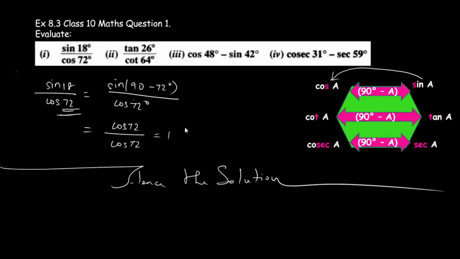Now the next subdivision. Same thing. Tan of 26 degrees by cot of 64 degrees. The denominator is in terms of 64 degrees, therefore transform the numerator in terms of 64 degrees.